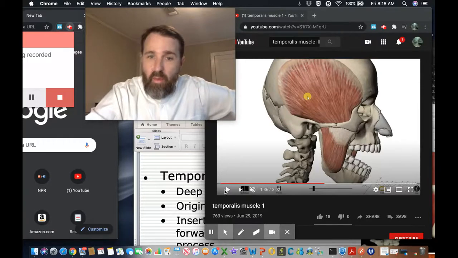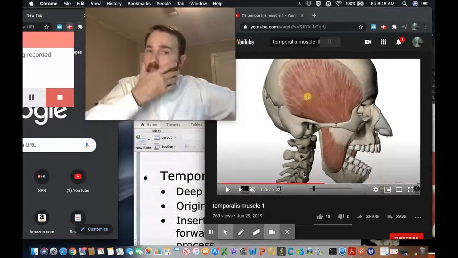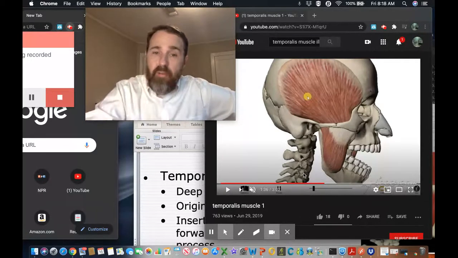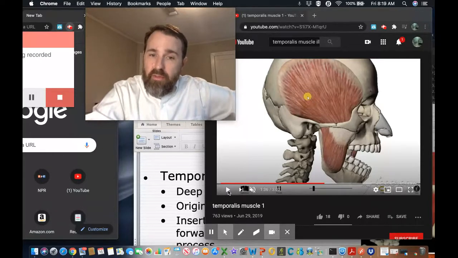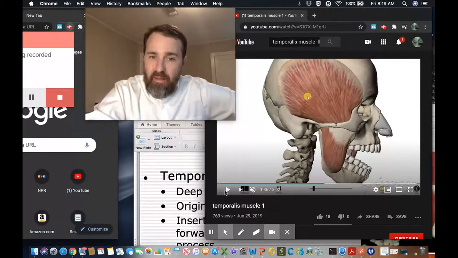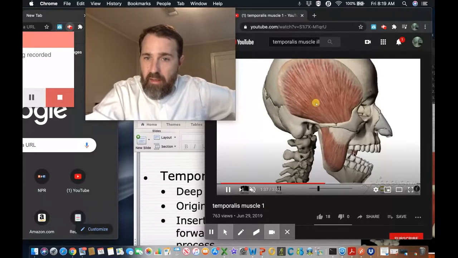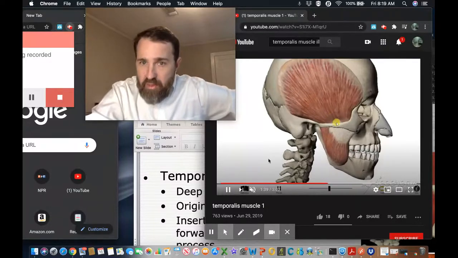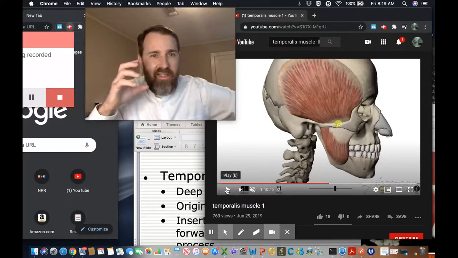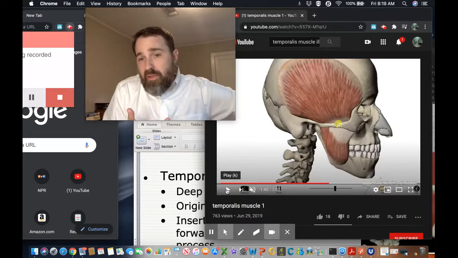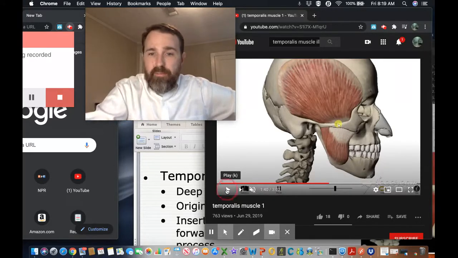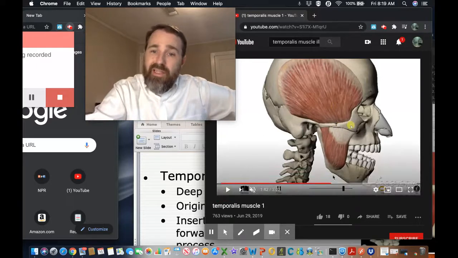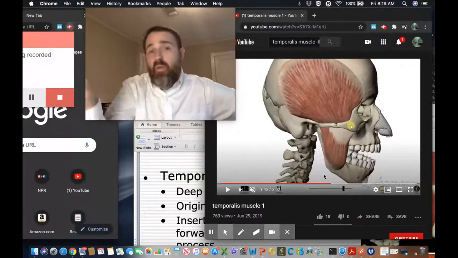So here we have our guy, and the mandible is down. The mandible is depressed, and you're going to see when these muscles shorten, contracting, they're going to elevate the mandible. And so you have the digastric down here that is working to pull the mandible down.